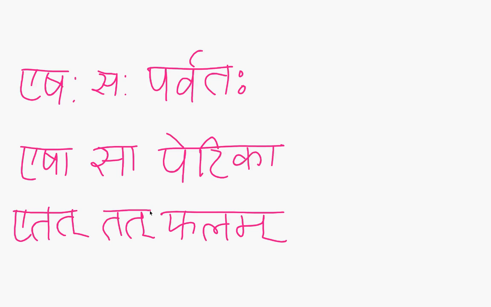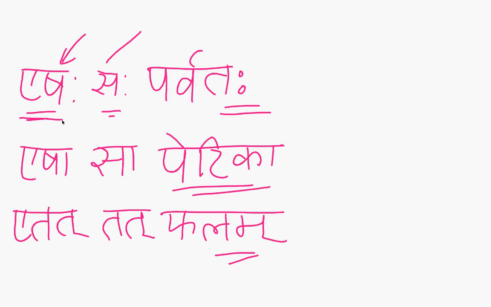So depending on the gender of the main word we are referring to, this word also changes, because this itself is in a masculine gender. Eshaha is in masculine gender, saha is in masculine gender. So we use this word if the main word it is indicating is masculine, a pullinga shabda.